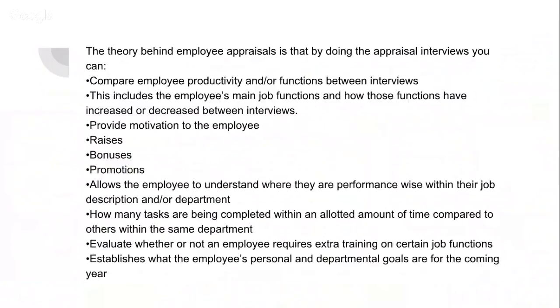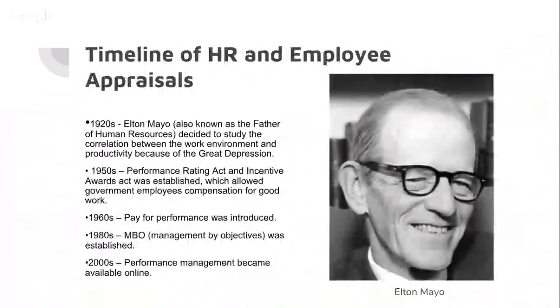We'll move on. There's a timeline of human resources and employee appraisals real quick. In the 1920s, Elton Mayo, who is pictured here, also known as the father of human resources, decided to study the correlation between the work environment and productivity because of the Great Depression.